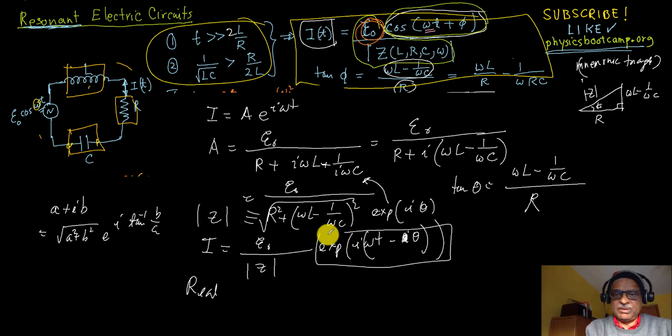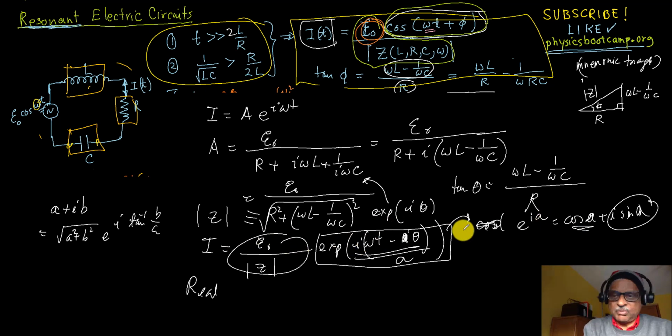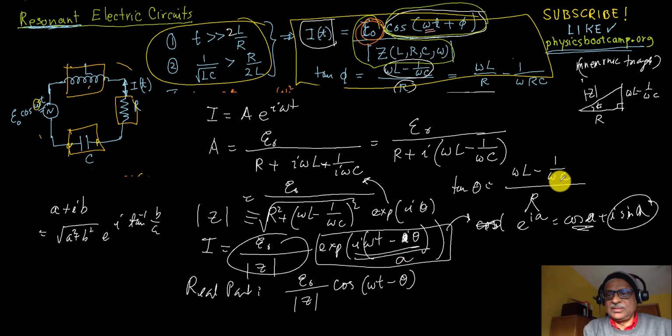If this whole thing is some angle, say A, then e to the power iA is cosine A plus i sine A. We're not interested in that. We're interested in what is real and multiplies this thing, so it's going to be cosine A. So the real part, the current, will be E0 over the amplitude of the impedance, which is real, times cosine of omega t minus theta, where tangent theta equals that.